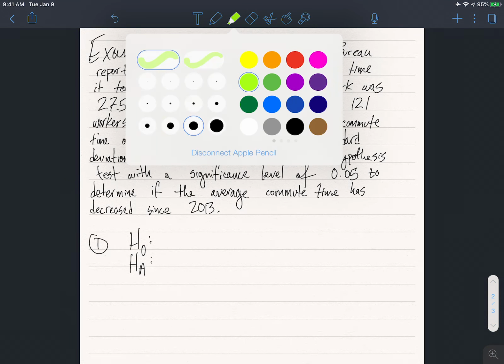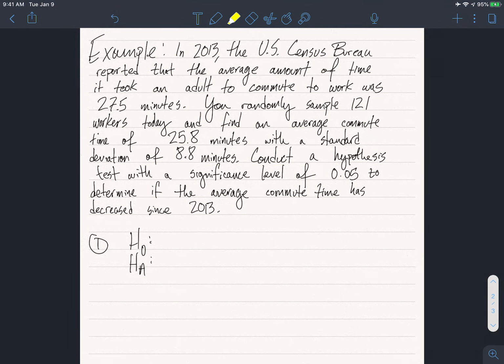What was being claimed back in 2013 was that the average time it took was 27.5 minutes. Notice I'm using mu now instead of p, right, because we're talking about averages, that the average time it took was equal to 27.5 minutes.